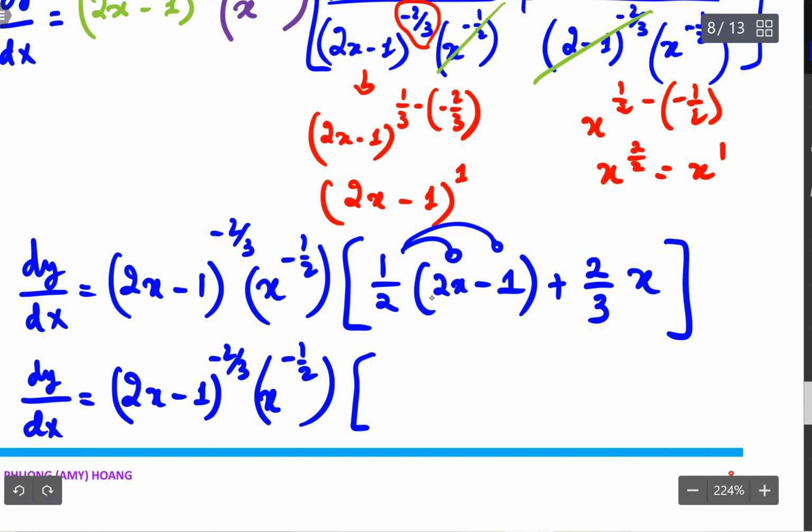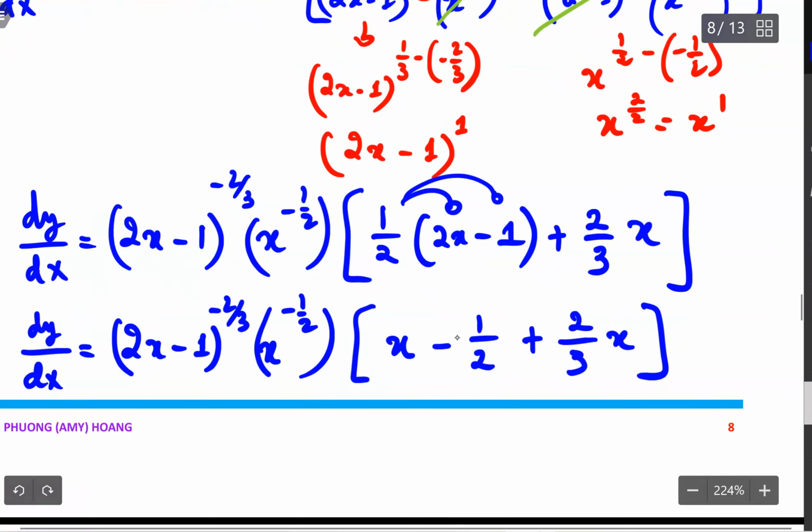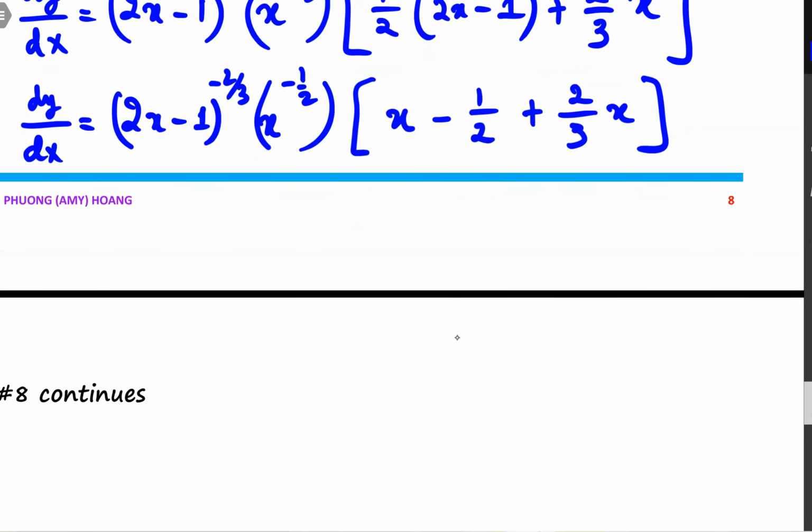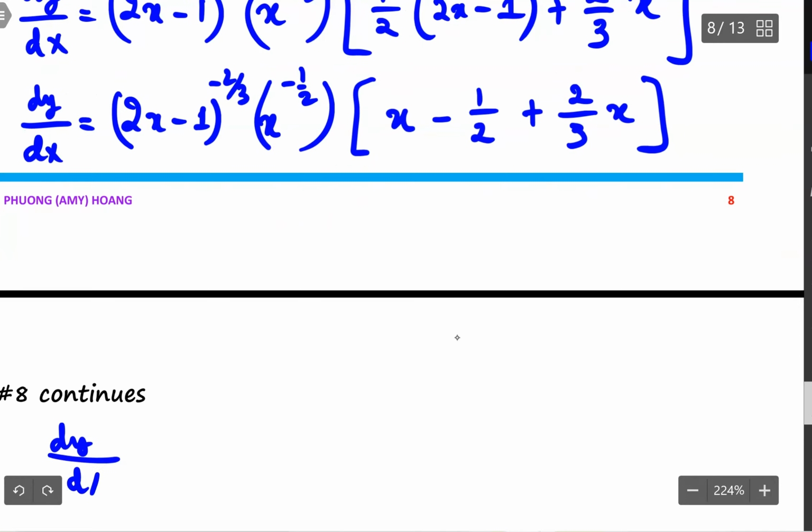When I take 1/2 times 2x, you see that I just have x left. Then I have negative 1/2, and then plus 2/3 of x in this case. To simplify, I will write dy over dx equals 2x minus 1 to the negative 2/3 times x to the negative 1/2.